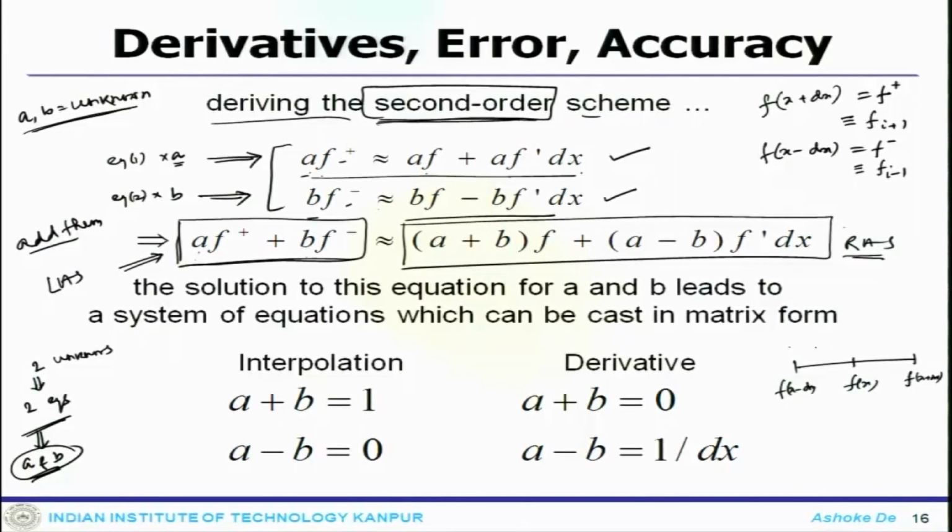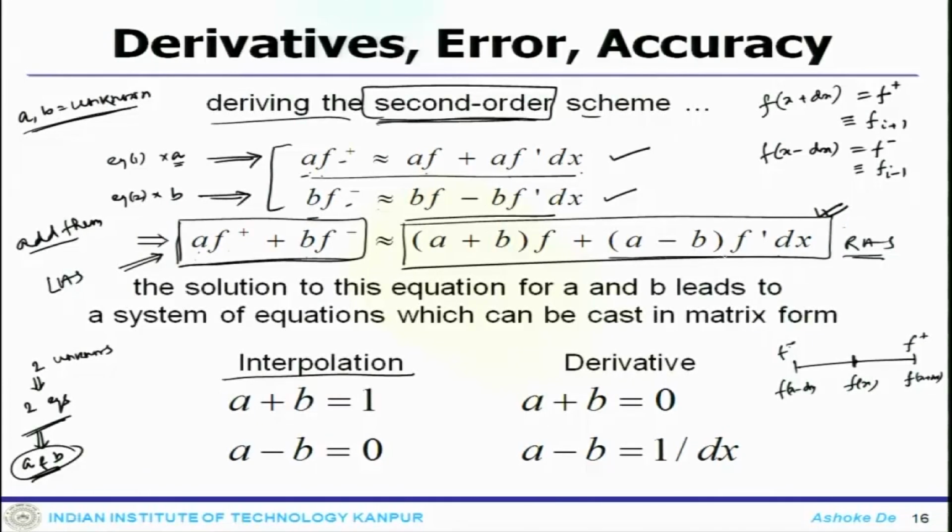So, this is my f plus, this is my f minus. What I want is the function to be interpolated at this point. Then f plus, f minus can be retained, f can be retained. We do not need this derivative term to be present. So, when I am only interested in interpolation, I do not need this term.